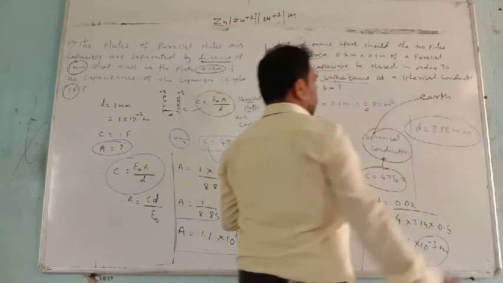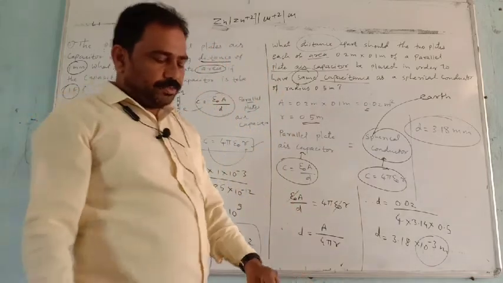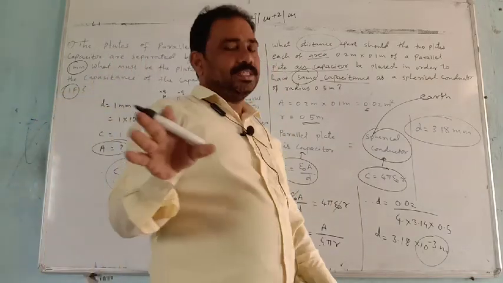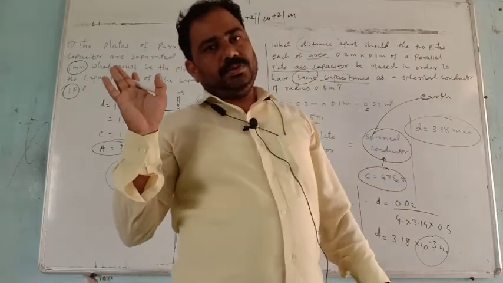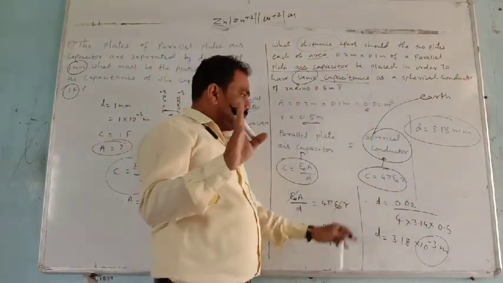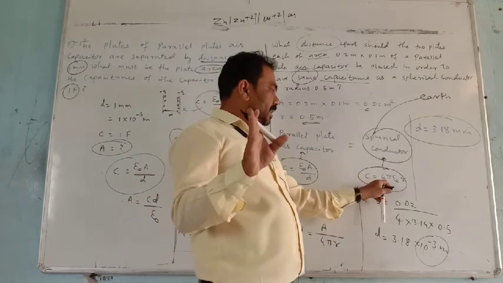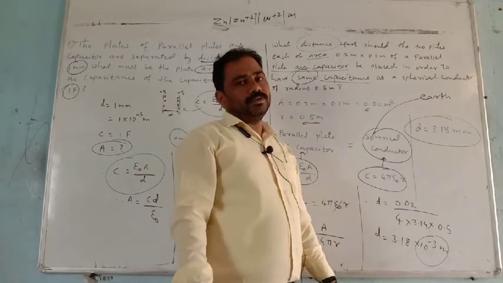You have to assume that the earth is just an isolated spherical conductor, and at that time you put C equal to 4 pi epsilon naught into R.